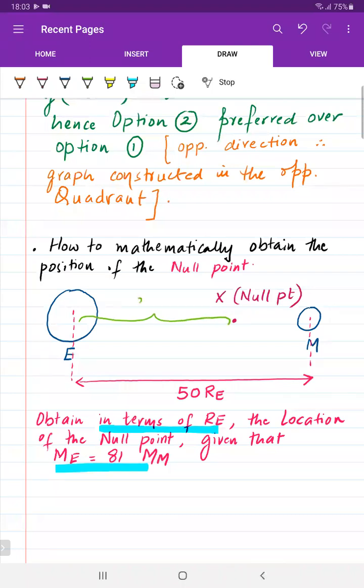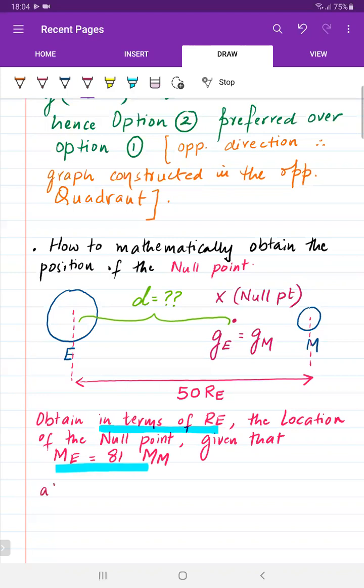Let me call this distance as D. So this is the distance which the question expects me to find. And we know that at the point labeled as X, which is the null point, we know that the Earth's gravitational field must balance out with the moon's gravitational field.